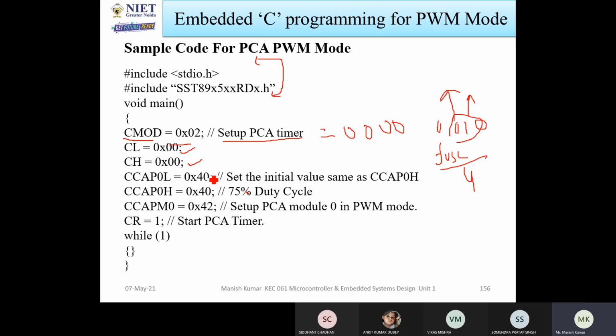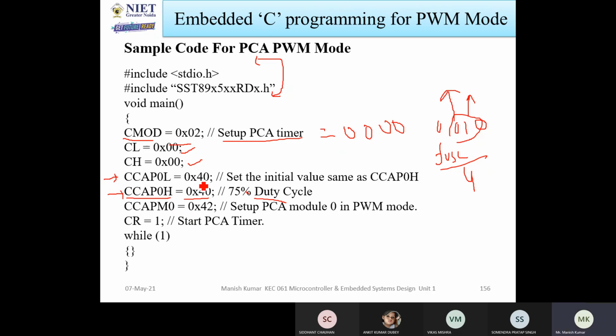And after that, we are going to set the duty cycle. So for setting the duty cycle, we are going to use CCAP0H equal to 0x40. Just now in the previous slide, I found that for 70% duty cycle, the register value is 40. So whatever register value you are given, the same you have to give to the lower byte also.